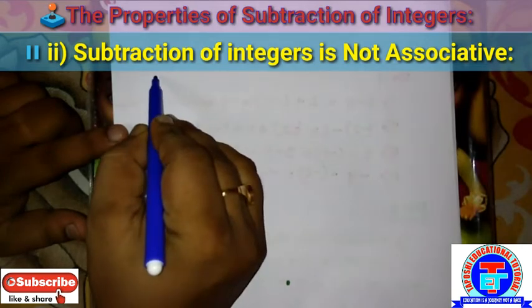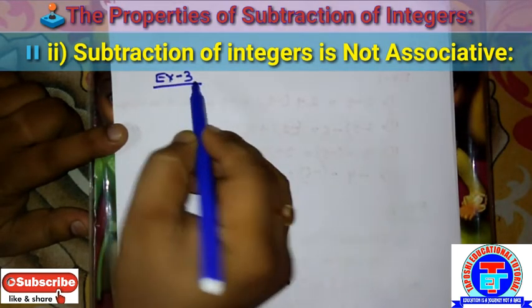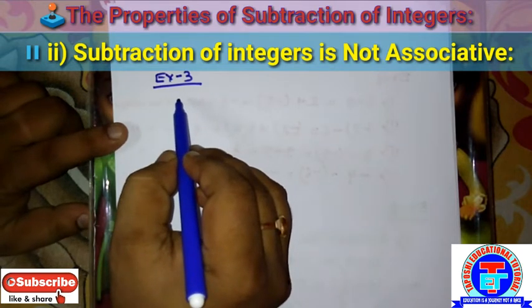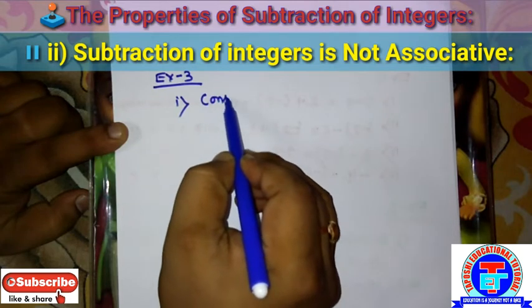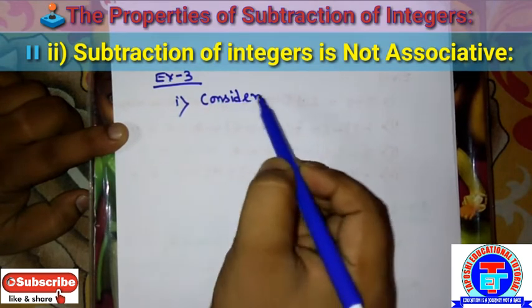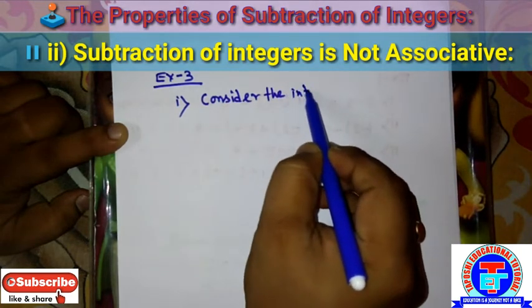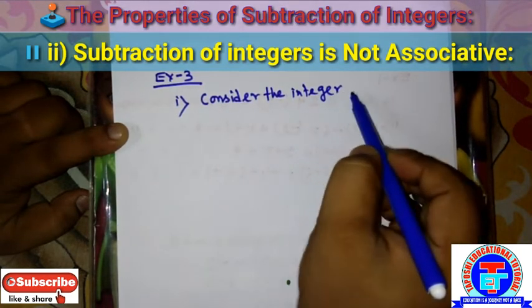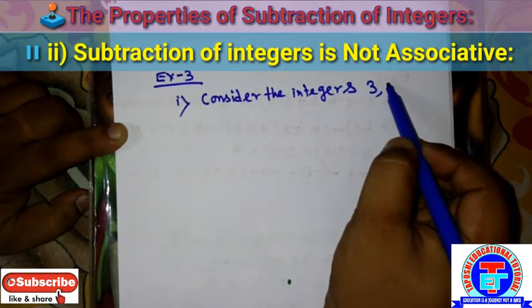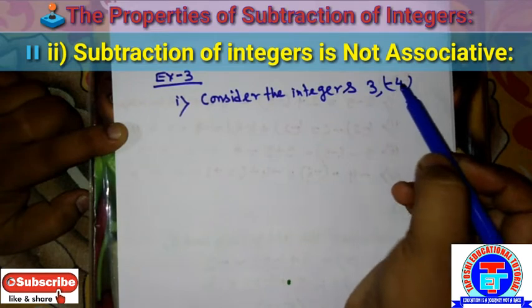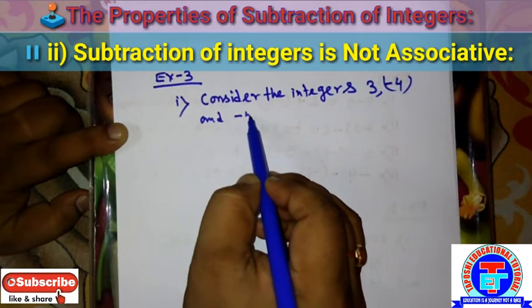Consider example number 1, consider the integers 3, minus 4 and minus 5.